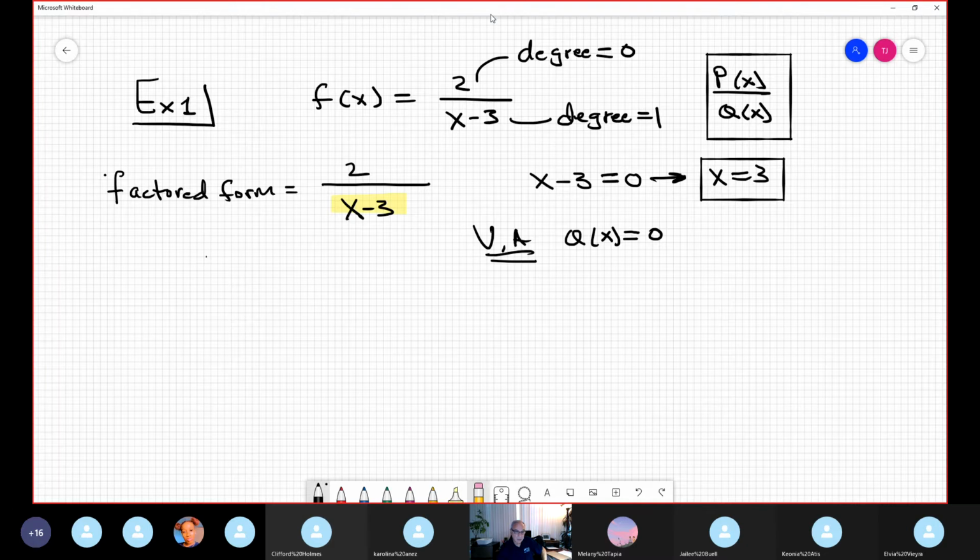Okay, so I put my rectangular coordinate system. I want to show you in decimal now. At 3, 1, 2, 3, we have a vertical asymptote.